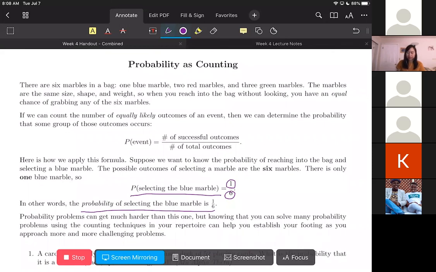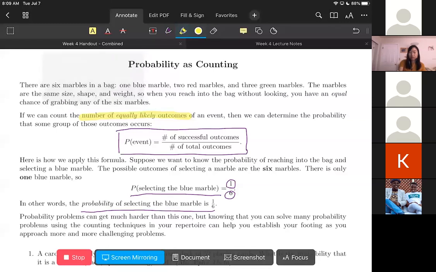All right. So this is, as I mentioned, a pretty simple example, and probability problems can get much harder than this one. But basically, using this concept that the probability of an event equals the total number of successful outcomes over the total number of outcomes, whenever you have some countable number of equally likely outcomes, will help you solve one class of probability problems.